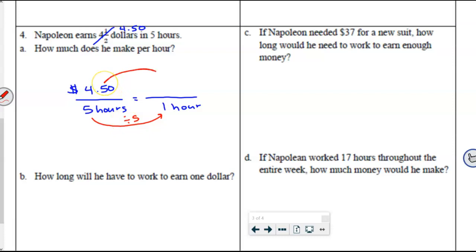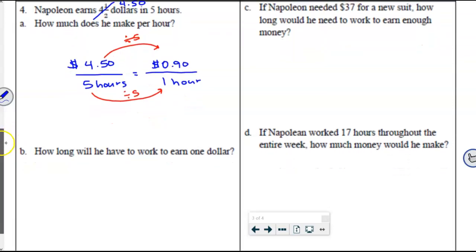So I'm going to do the same thing here. 4.5 divided by 5 is equal to 0.9, or in other words, 90 cents an hour. It's not too much money, not the best job, not the best pay rate, 90 cents an hour.